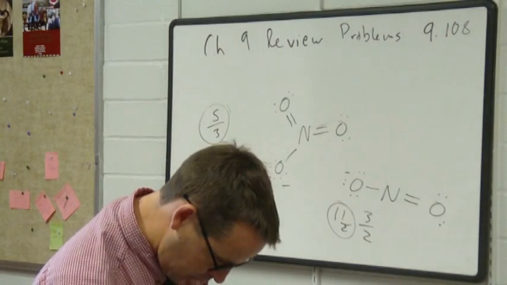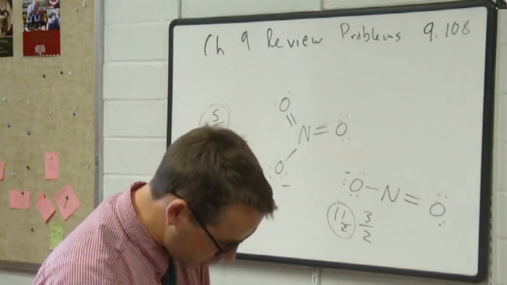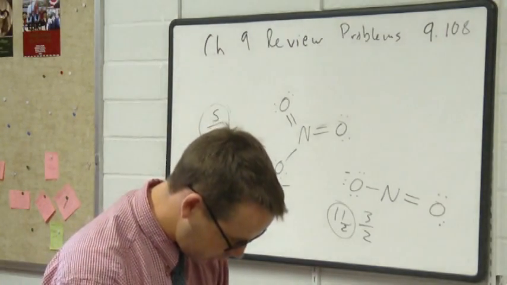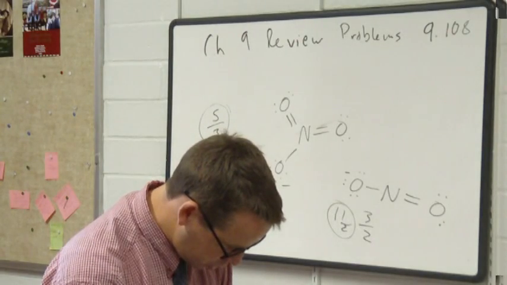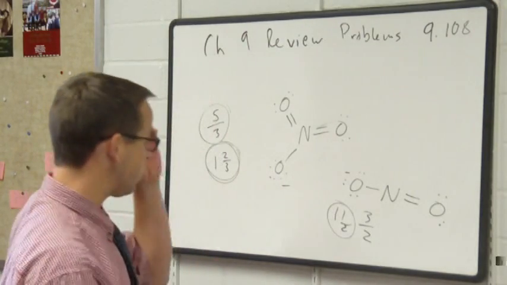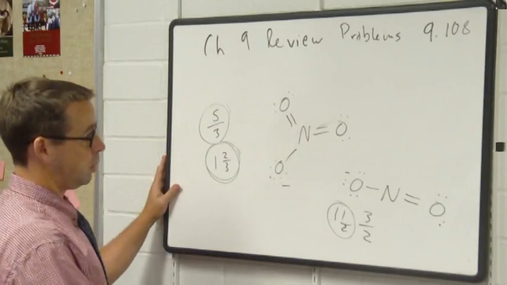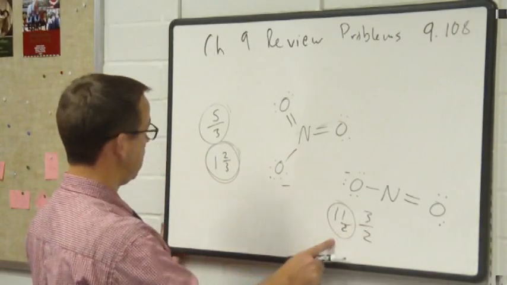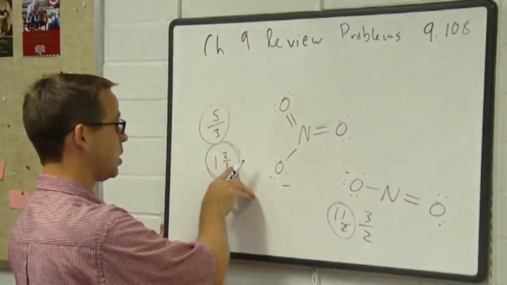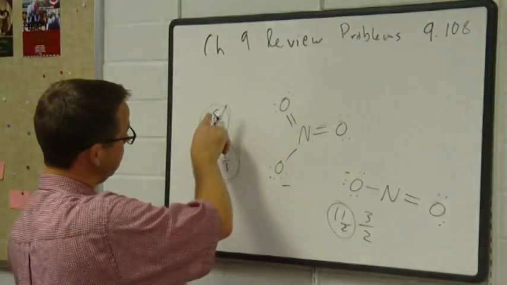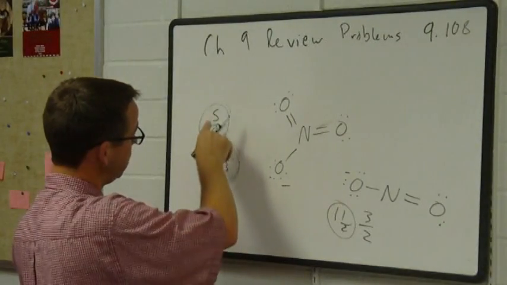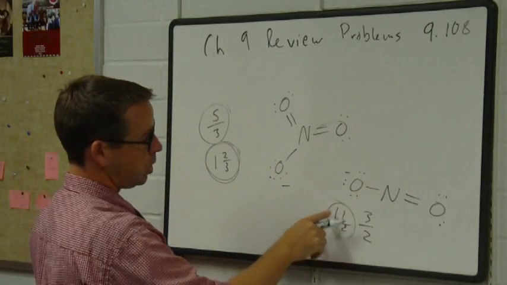And is that what they're asking, how the bond lengths compare? The NO3 minus should have a shorter bond. That's what we're predicting. Did I say that right? Let's see, this is 1.5, this is 1.66, so 1 and 2/3 and 1 and 1/2.